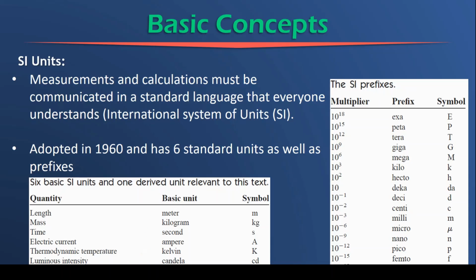And the basic unit for these are given in the column in the middle. So that will be length in meters, mass in kilograms, time in seconds, electric current in amps, the temperature in Kelvin, luminous intensity in candela, and charge in coulombs. And the symbols are given in the last column. Further to this are the SI prefixes.